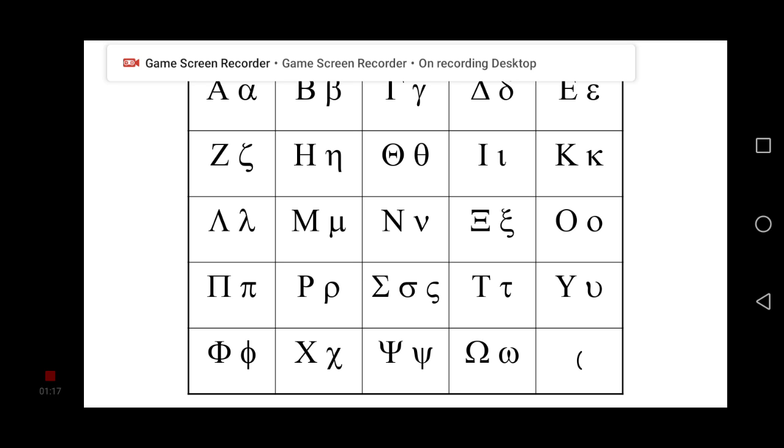And that S is quite tricky because you've got the big S, the big sigma, and in the second row from the bottom, the middle box, you've got the little sigma, which can be in any position except the final letter, and then to the right of it the final S, which looks a lot like our S, doesn't it? So you've got little o, big O, iota, E, A, all the vowels there. And some other double consonants, you've got the TH.